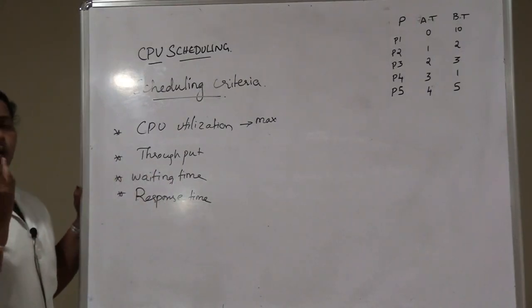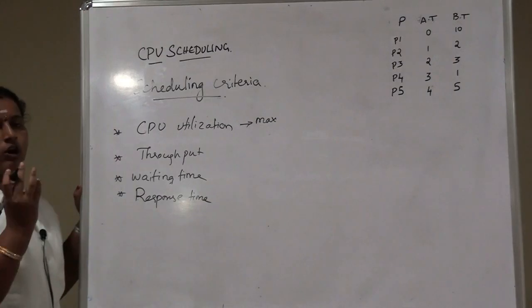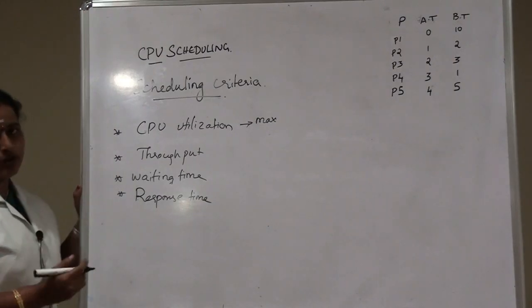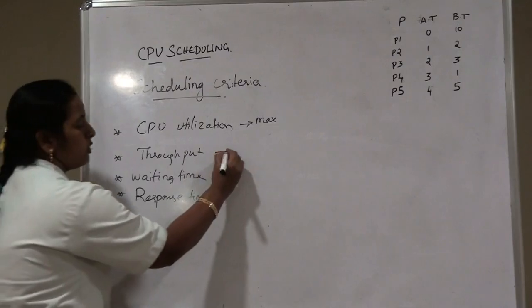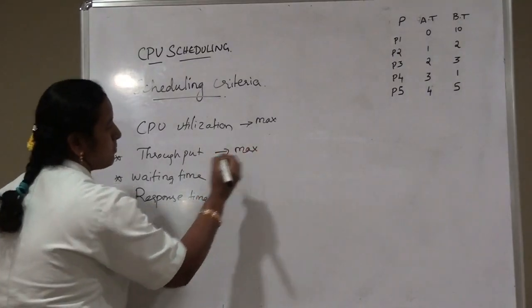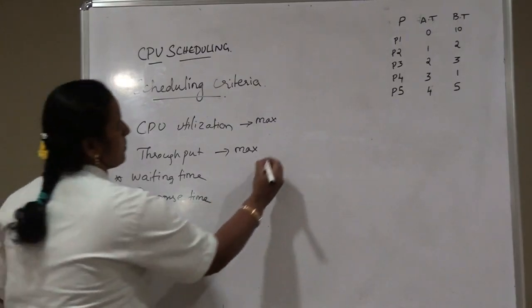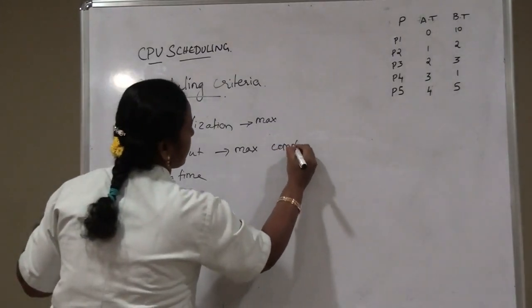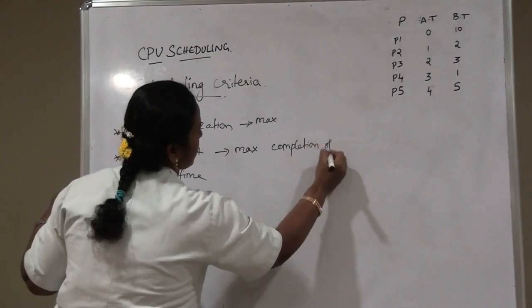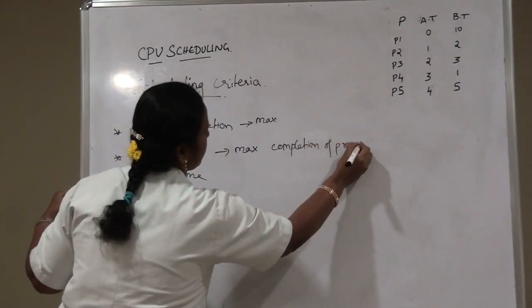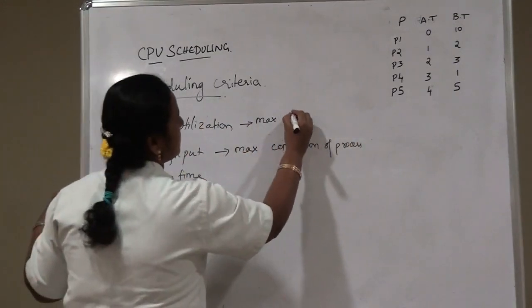Throughput is the overall completion, or the time taken to finish a process. Throughput must also be maximum, meaning the maximum completion of processes.